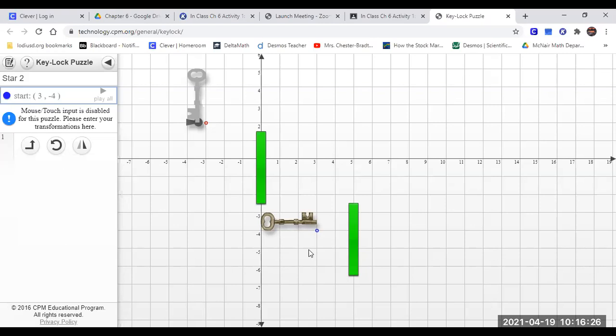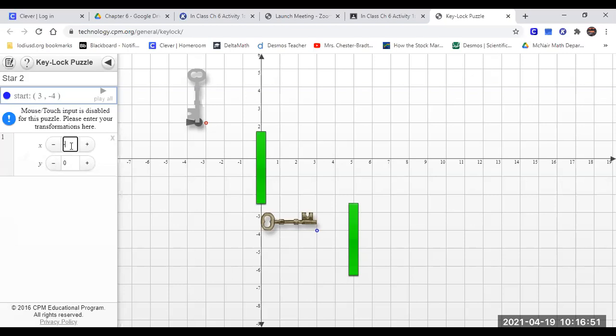Slide it or flip it or what? Or spin it. Okay. But so which way are we going to slide it? Tell me a slide. Left, how many? -6.